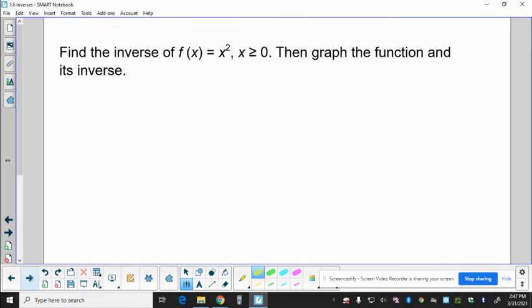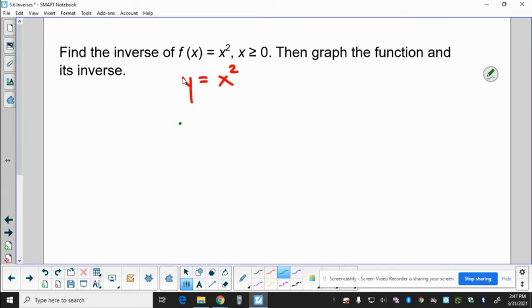Okay, let's move along. This is a quadratic function. So let's find its inverse, and then I think we're going to graph this to see what this looks like. Step number 1, let's take it out of function notation.